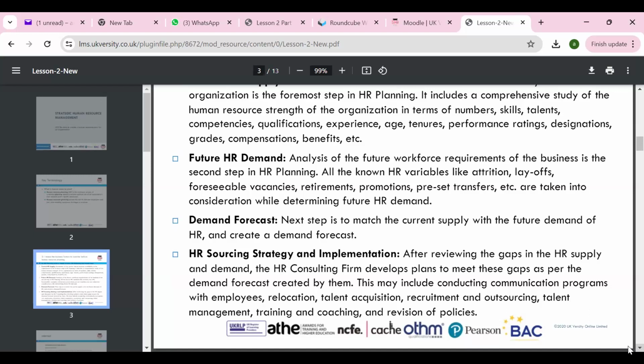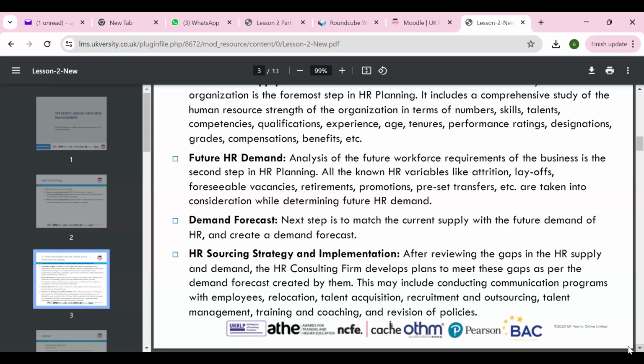If you need a manager, you will produce managers internally through staff development training. Like people doing CMI, Chartered Management qualification, OTHM, or various other qualifications to be promoted to the next level. That is very, very important, which we can look at from different perspectives.